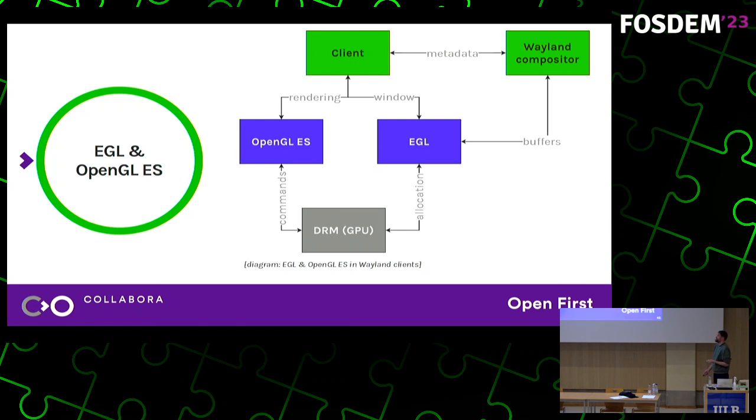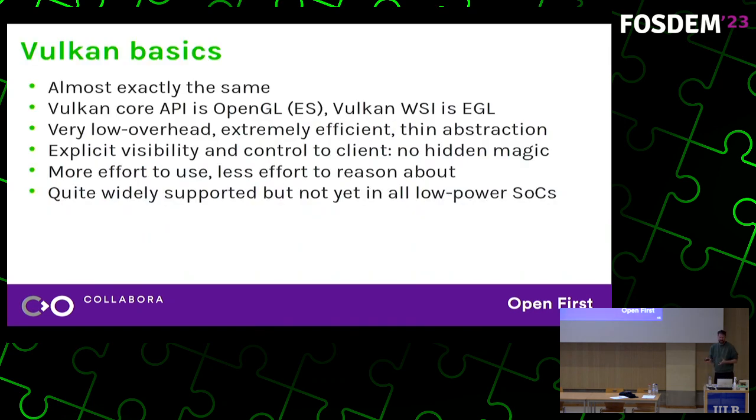EGL has that shape, and then not coincidentally, Vulkan has a fairly similar shape. Vulkan is the rendering API, and that's it. Vulkan WSI is the EGL equivalent, which provides that window system integration of creating windows, posting content to them, and so on.